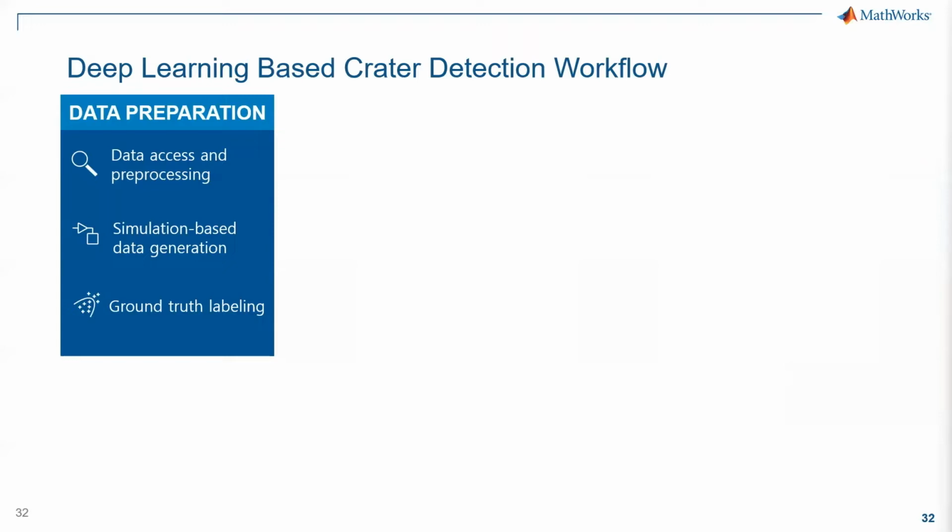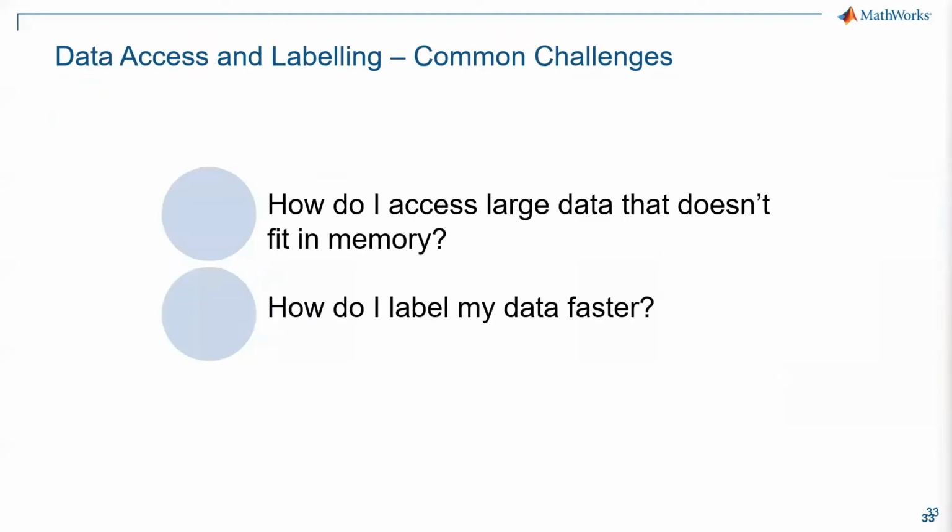Data labeling is required for any kind of supervised learning algorithm. And this can not only be time consuming, but also prone to errors. Specifically, we are going to discuss the two most common questions when it comes to data preparation. How do I access large data that doesn't fit in memory? And how do I label my data?